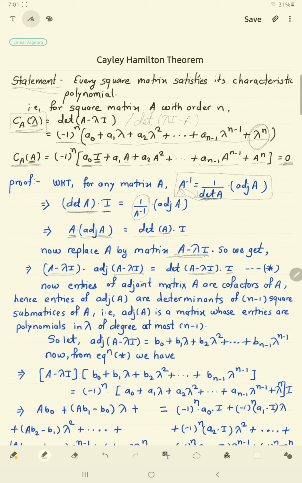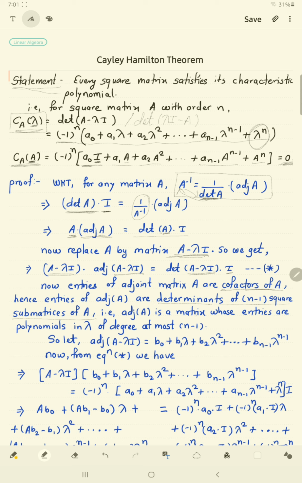Now note that entries of the adjoint matrix of A are nothing but cofactors of A. Hence entries of adjoint of A are determinants of, what are cofactors? They are determinants of n minus 1 square submatrices of A.